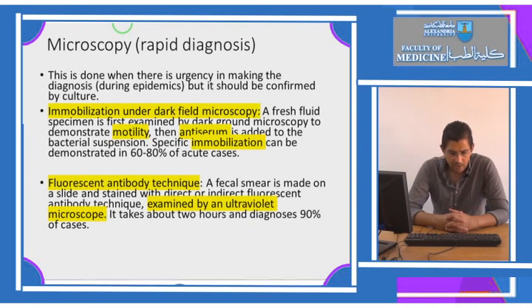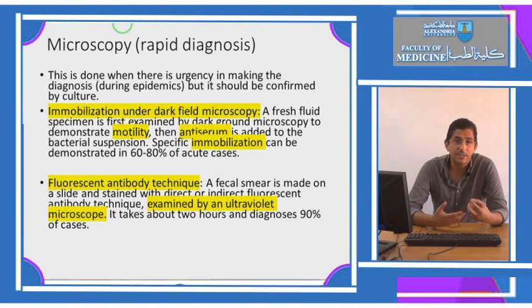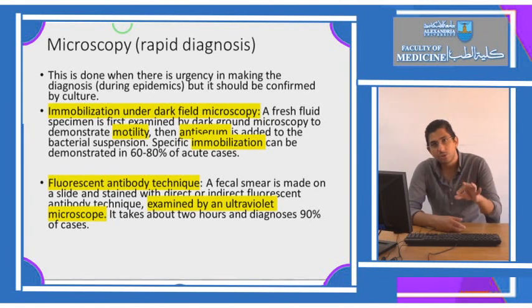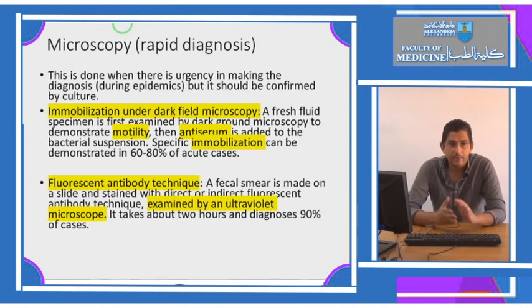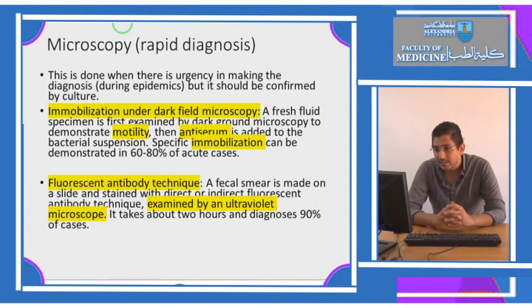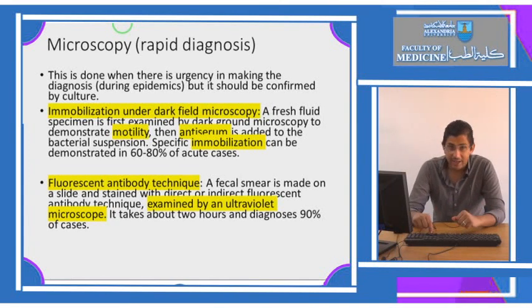Immobilization under the dark field microscopy demonstrates the darting movement, and by putting an antiserum on this, there is immobility, and here you are specifying that the diagnosis is Vibrio cholerae. Moreover, as a rapid test, there is the fluorescent antibody technique, which is examined by ultraviolet microscopy.